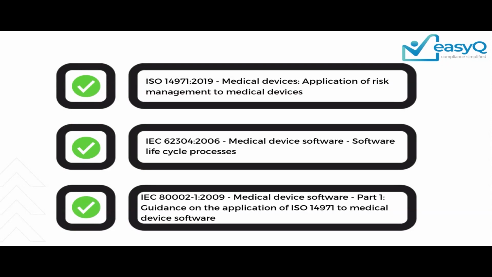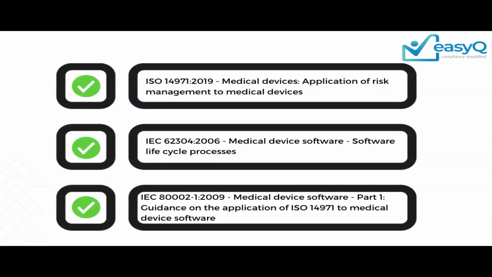One more thing you should keep in mind is when you do your regulatory submission, right? While 80002 and 82304 are also standards that you can refer to, from a regulatory submission perspective, from a compliance perspective, right, from an audit perspective, the two standards that will always be in question would be 14971 and 62304. So 14971 and 62304 should form the backbone of your overall processes and the company related activities that you might have planned, right?